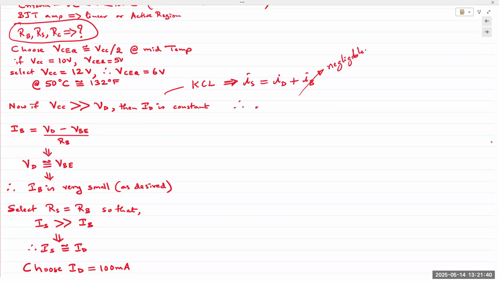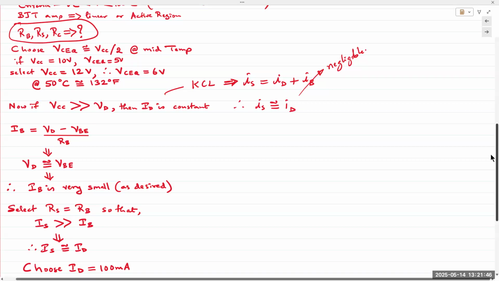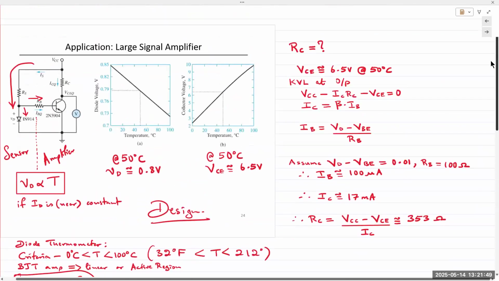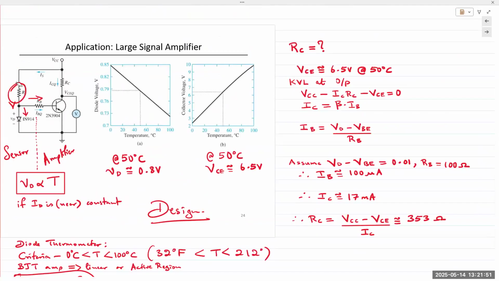And so we can say IS is approximately equal to diode current ID. So the current flowing through the resistor RS would be very close in value to the current flowing through the diode ID. And RS is connected between VCC and diode voltage VD.